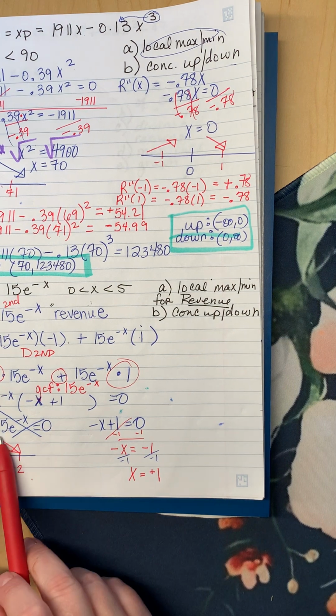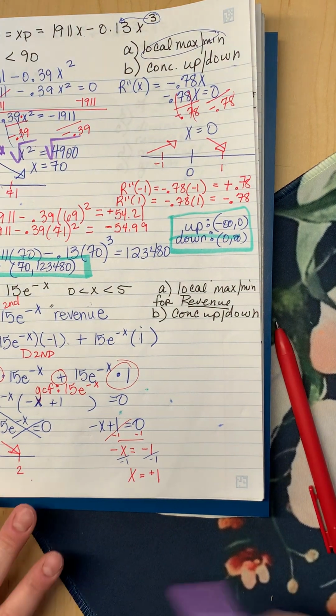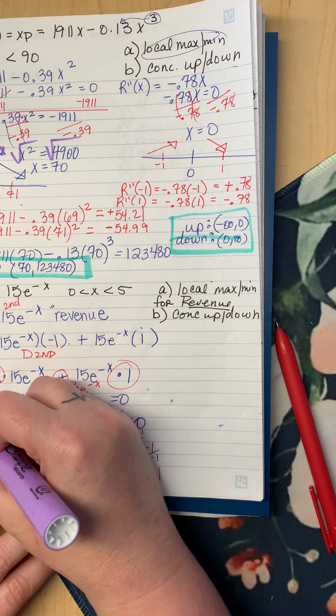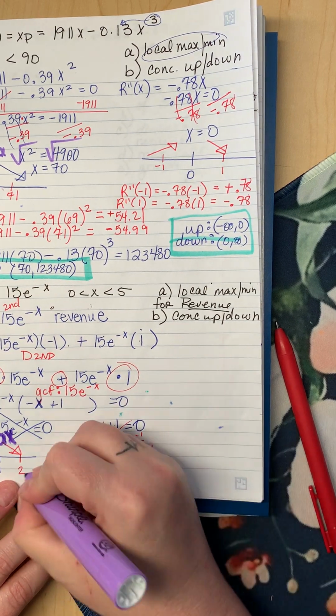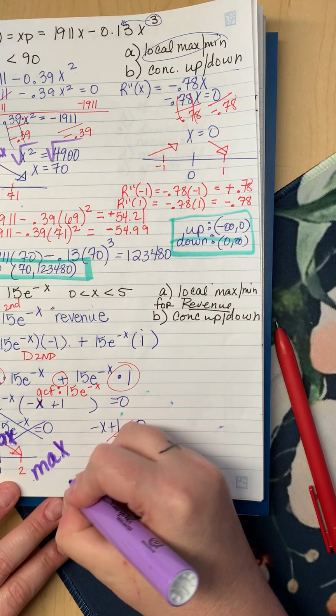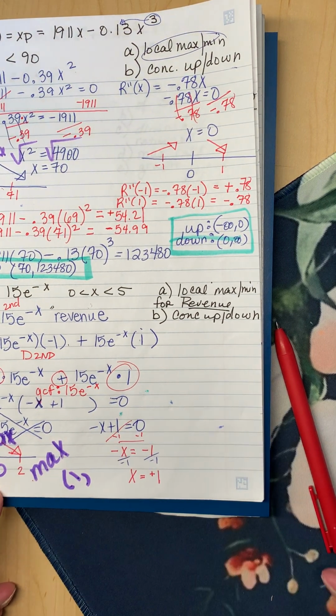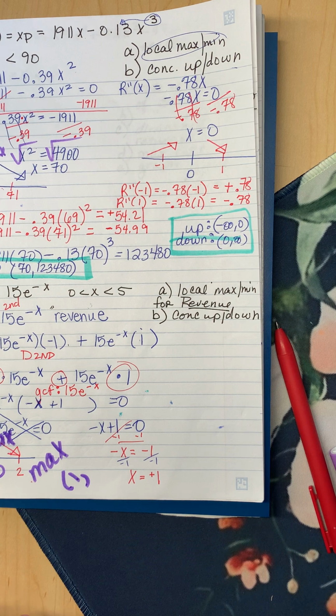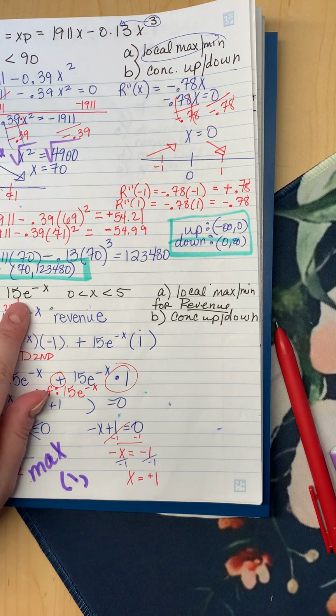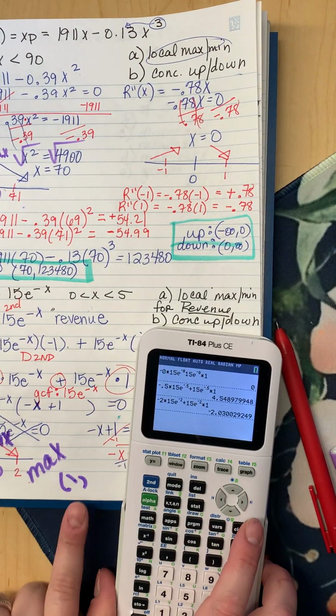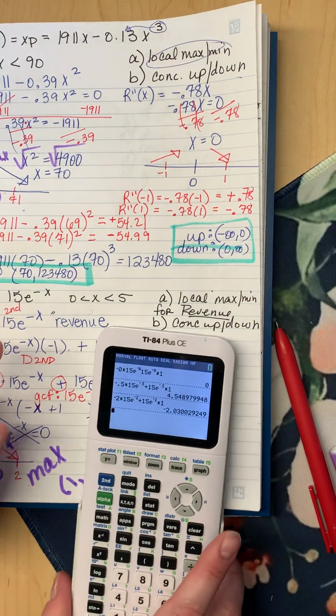So here at the top of this mountain, we have a max. We for sure have a max at this x value, 1 comma something. And remember, to find the y value of anything, you take this x value 1 and plug it back into the original.